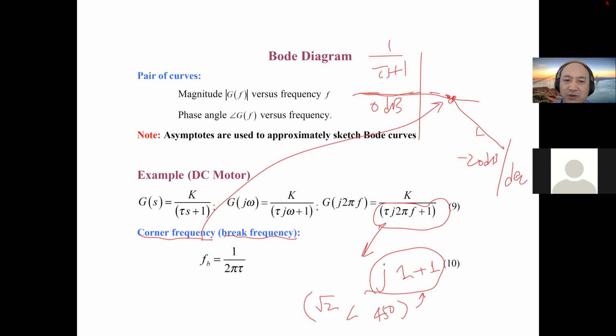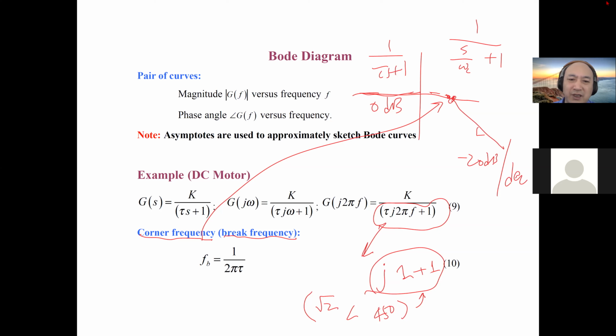And how to compute the corner frequency is like this. You make this term 1, or you write something like this: 1 divided by s divided by omega C plus 1. So when omega is omega C, in this case, omega C is 1 over tau.